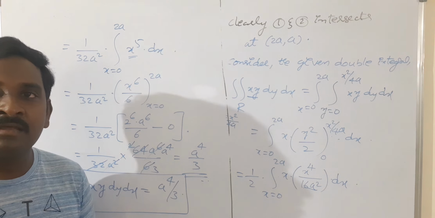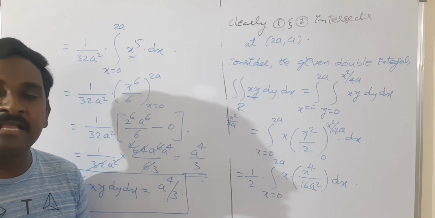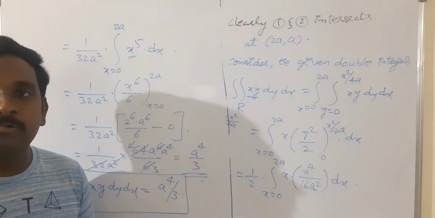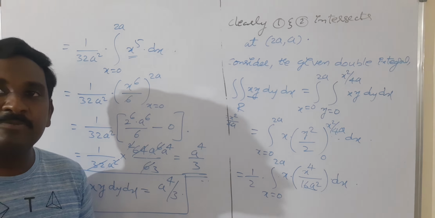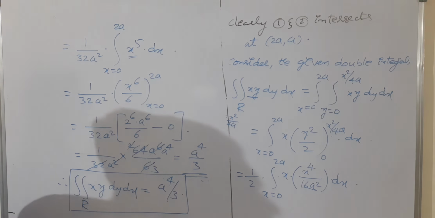From the region we should find out the limits. x limits should be constants and y limits must be in terms of x. For y limits always you take a vertical strip in the region. Vertical strip gives the limits of y in terms of x. Don't forget it, which is very important.